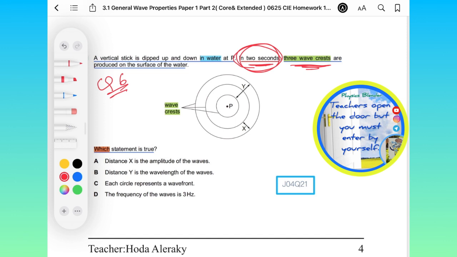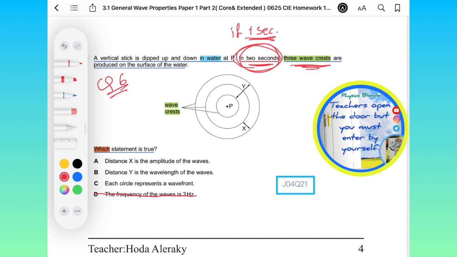To pay attention that a frequency of 3 hertz could be correct if the time here is 1 second. So if the time is mentioned as 1 second, we can consider the frequency is 3 hertz, the number of waves produced in 1 second. But here we have 2 seconds, so we cannot say that the frequency 3 hertz is correct.